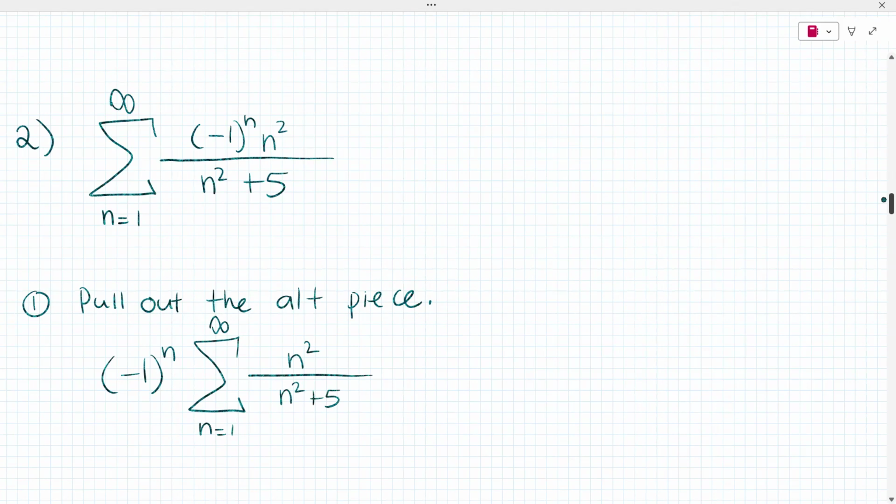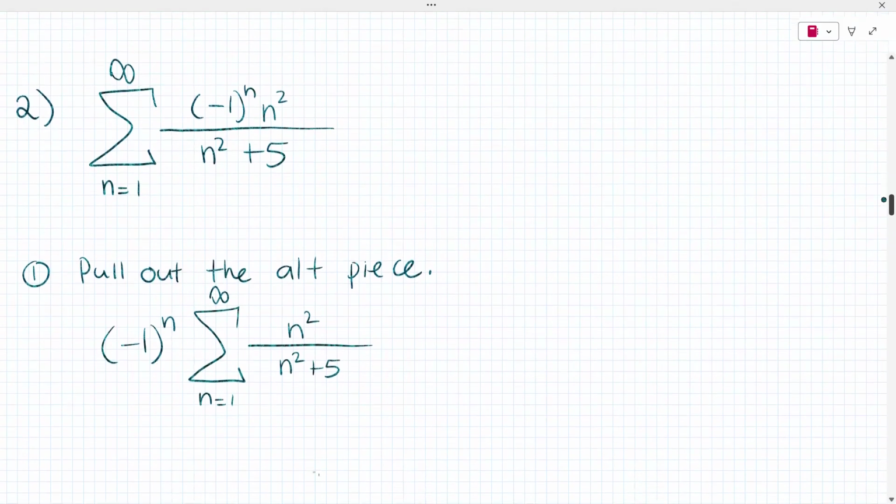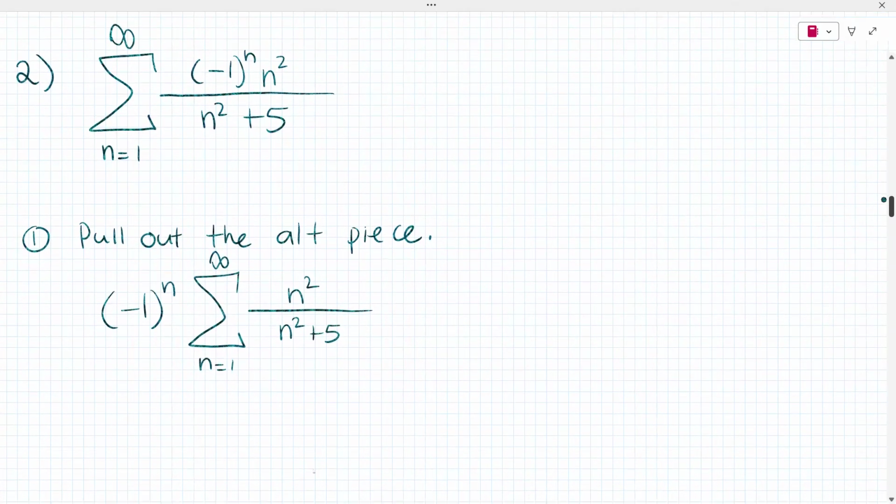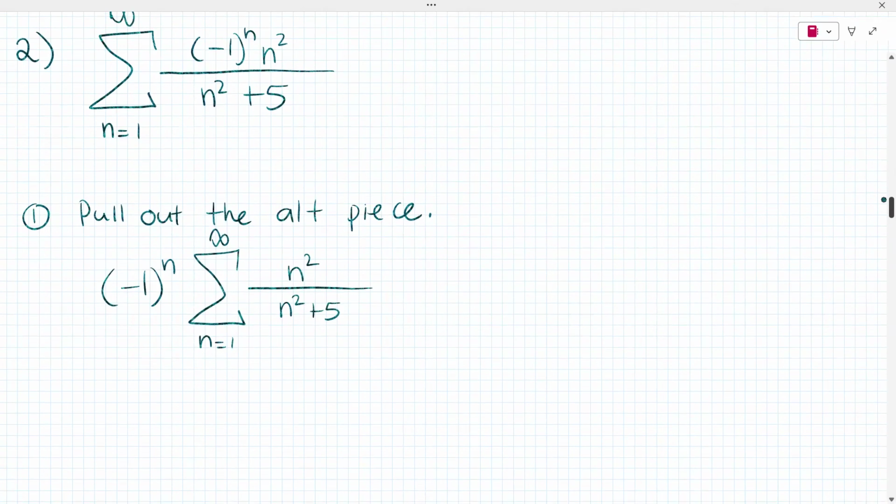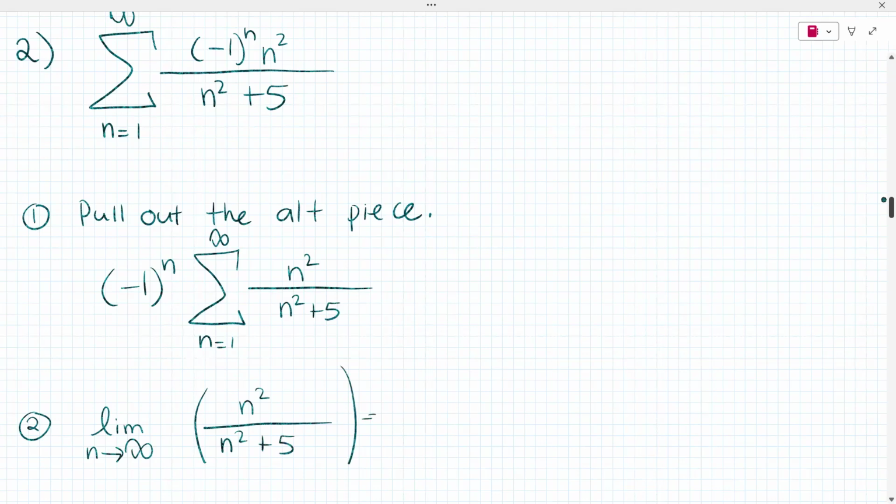First step, pull out the alternating piece. Step 2, plug in n to infinity. When you plug in infinity, infinity squared is infinity.